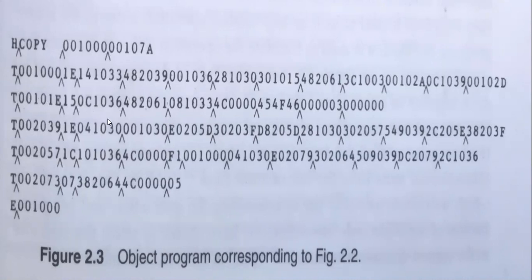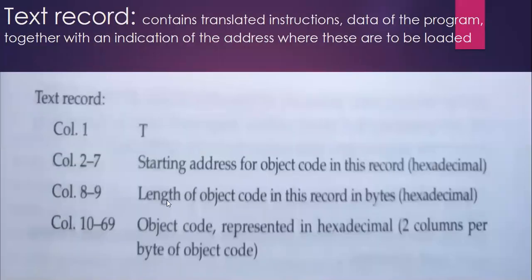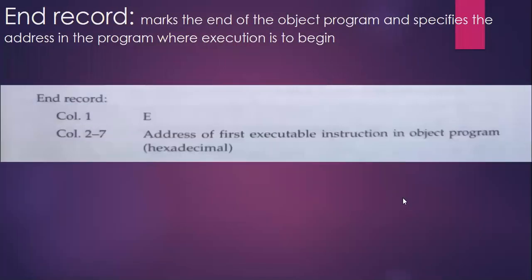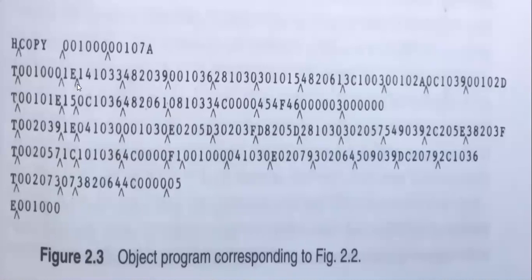Later, just observe what should be next: the length of the object code in this record, in bytes. 1E is the total number of bytes we are including in this particular line. For the next it is 1E again, then 1C, then 07.